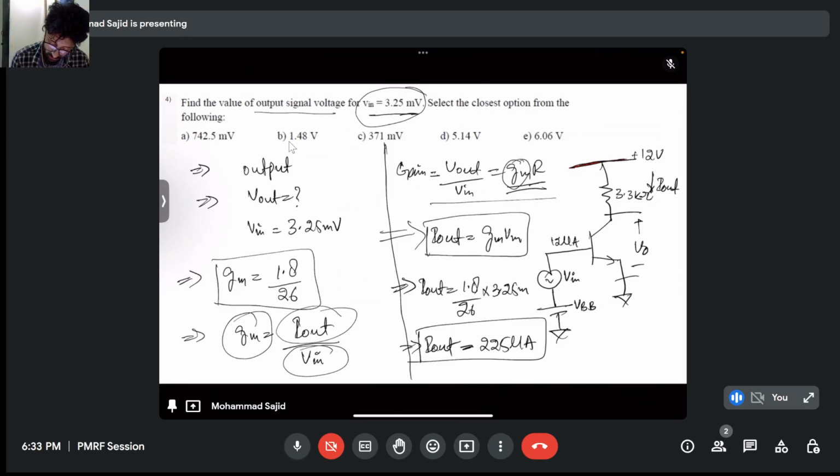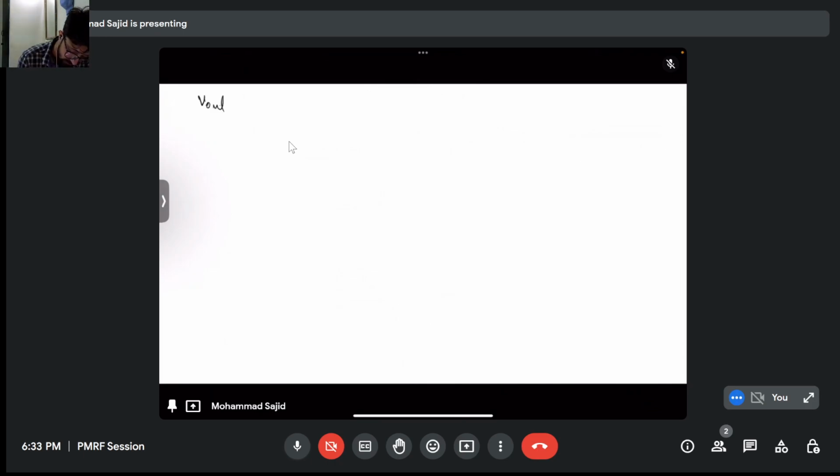Now we have to calculate V out. That will be simply given by I output into 3.3 kilo ohm. That will be equivalent to 225 into 10 raised power minus 6 into 3.3 into 10 raised power 3.